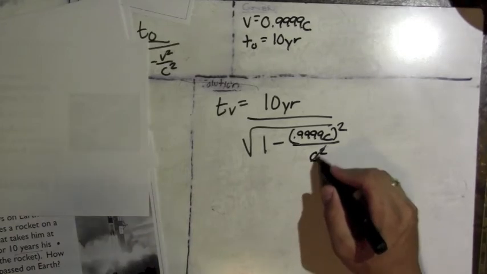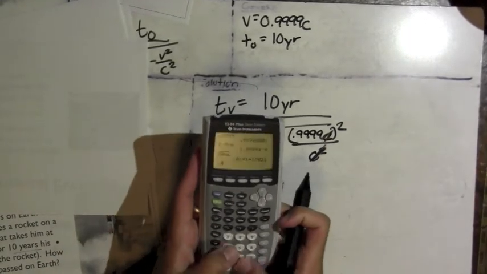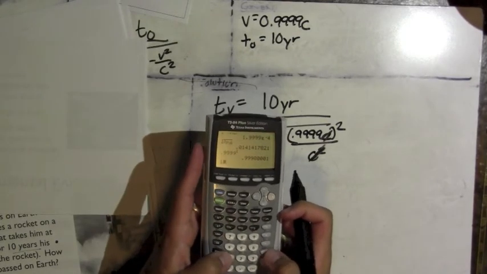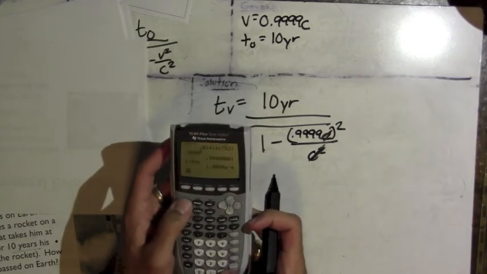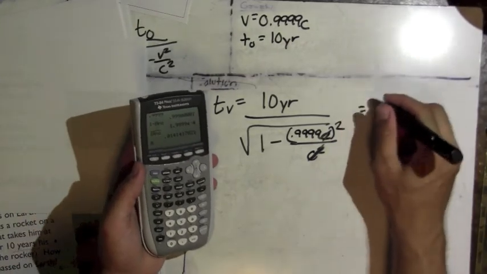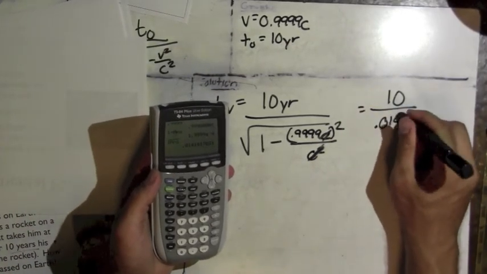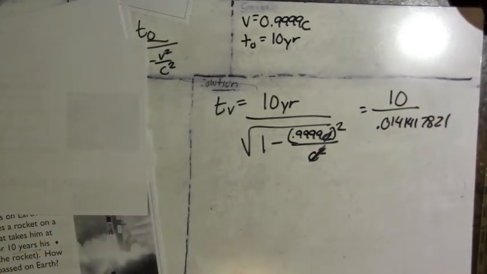Well, you should see that the c's are going to cancel out, and what you're going to be left with is 0.9999 squared, 1 minus that value, and then you take the square root of it. And what you end up with is a very, very small number. 10 divided by 0.01414178121. So it's just a very, very small value.